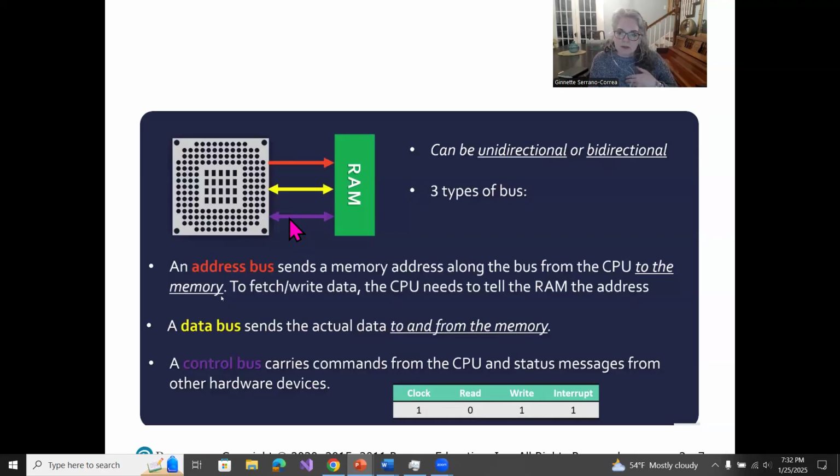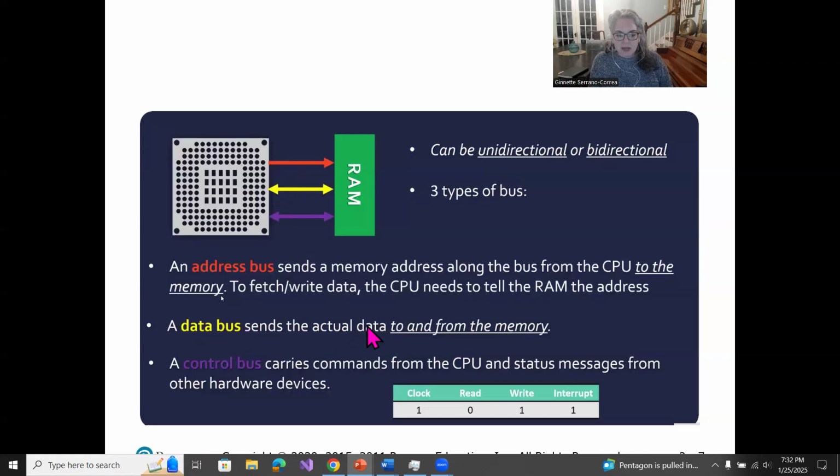So in a 32-bit or 64-bit system, the control bus does not have to be 32 or 64 wires. It doesn't need that many wires because we don't have that many status messages. But the address and the data bus do have to be the size of 32 or 64 bits, depending on the system that we have. It has to be that many lines.